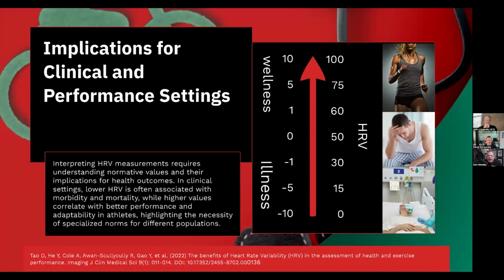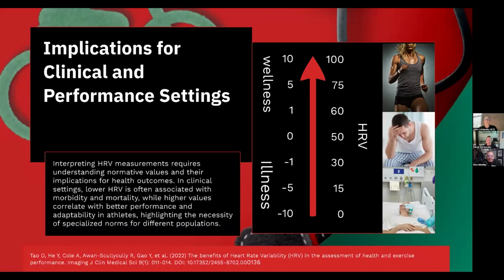So, moving on, our challenge is in the interpretation of HRV measurements. It requires understanding of normative values for your populations and their implications for health and performance outcomes. Obviously, different patient populations have different medications, different symptomology, things like that. So this isn't like, oh, blood pressure needs to be 120 over 80. Is that the recommendation right now? I really don't know.